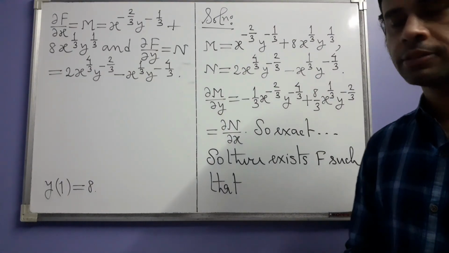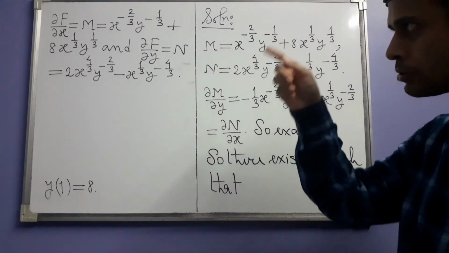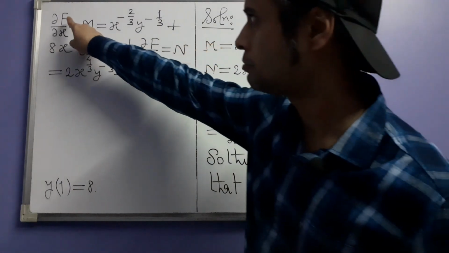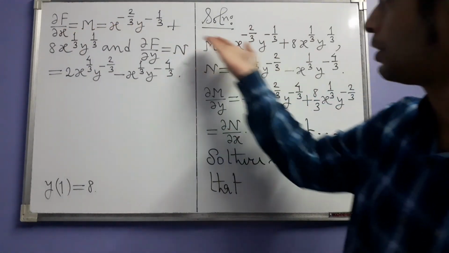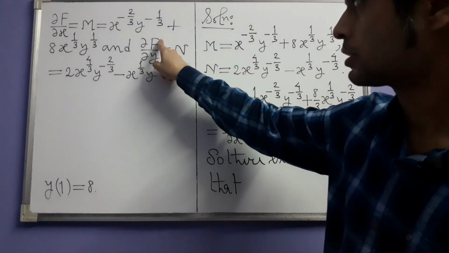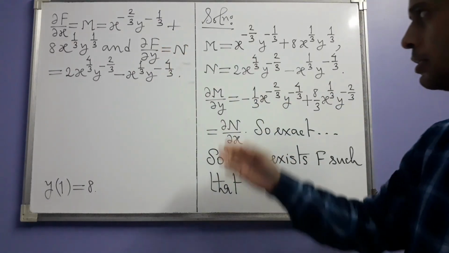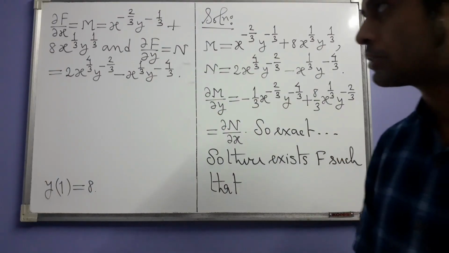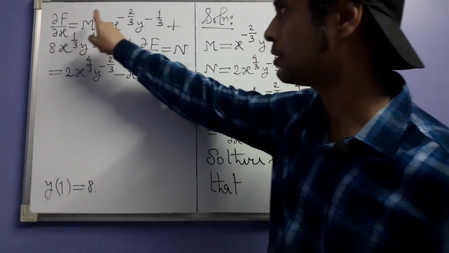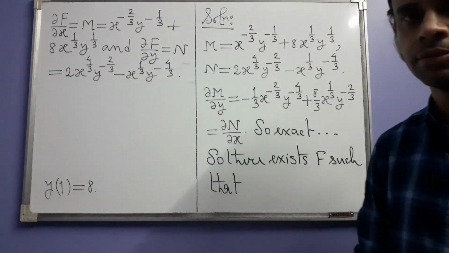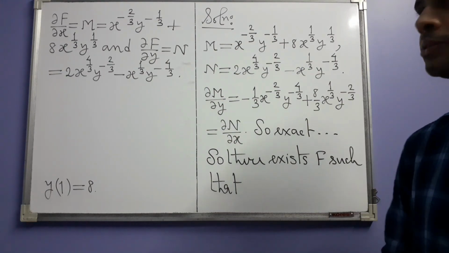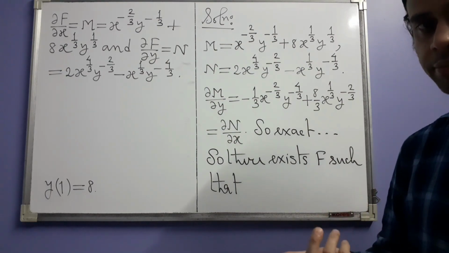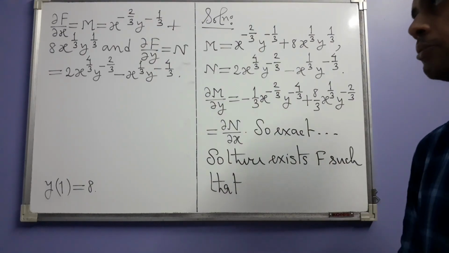There exists an f for which the partial derivative of f with respect to x is m and the partial derivative of f with respect to y is n. And then what do we do? We integrate both sides of the first equation with respect to x, and then an arbitrary function of y will appear. So let's do that part next.